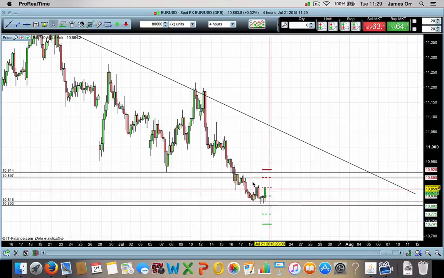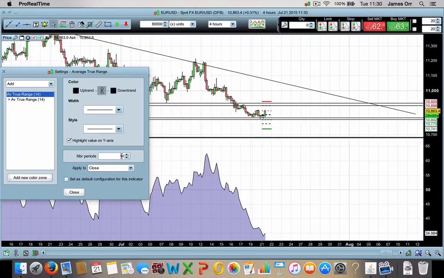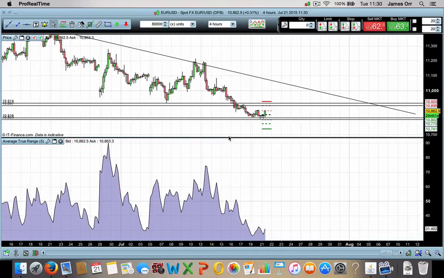If it's a market that you don't trade very often, what I will do is I will attach an ATR to the daily time frame, and I'll just drop it down to 5 periods. Make it a little bit smaller here.